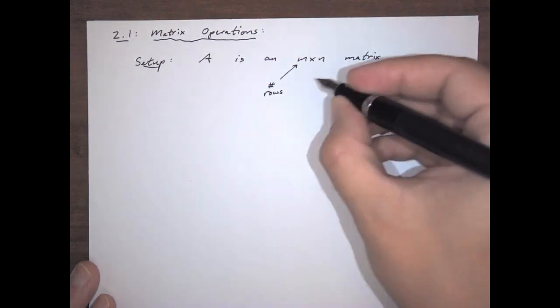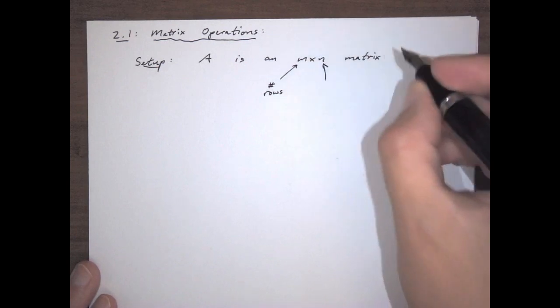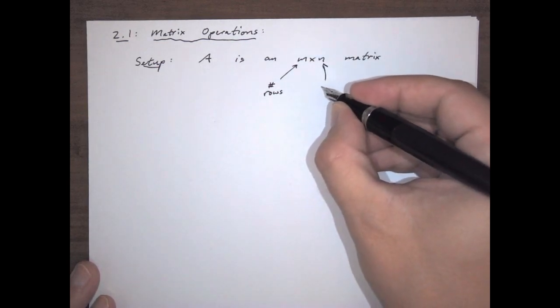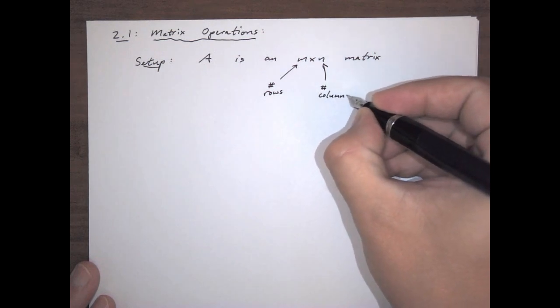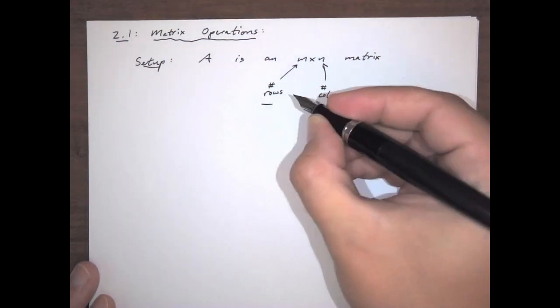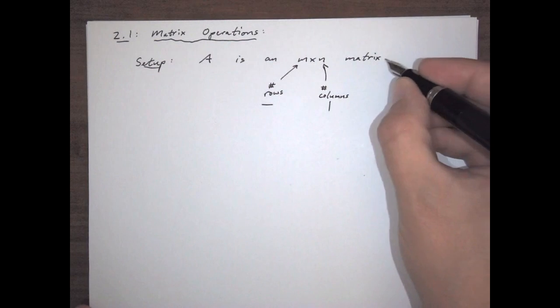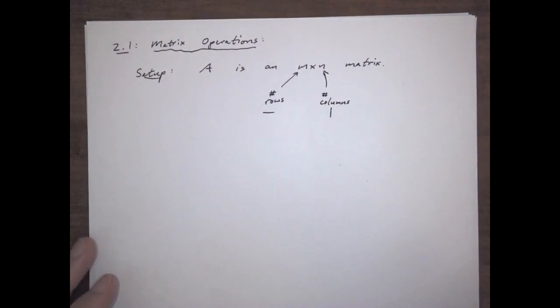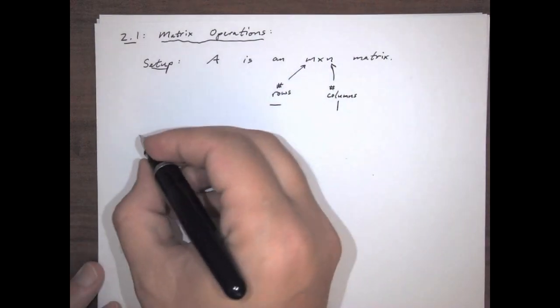Whenever we're giving the dimensions of a matrix, the first number is the number of rows, and the second number is the number of columns. And again, just to remind you, rows oriented that way, columns oriented that way. Okay, so then scalar multiplication and matrix addition all happen the way you would think.